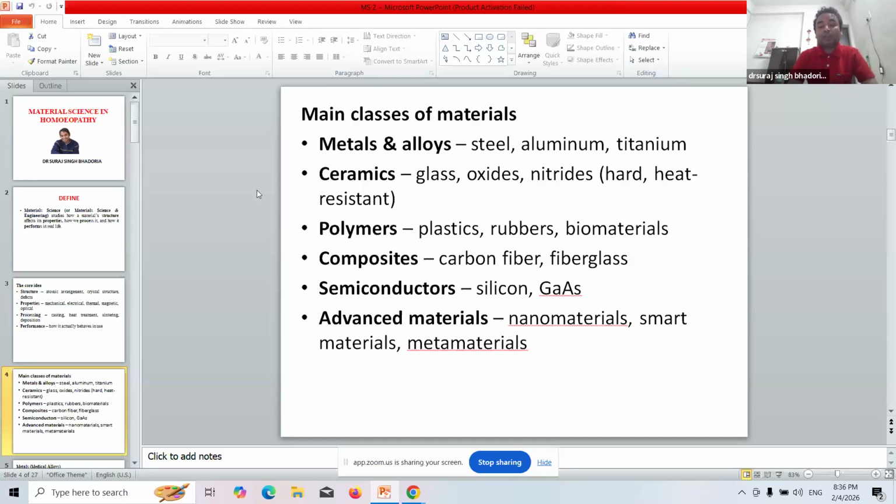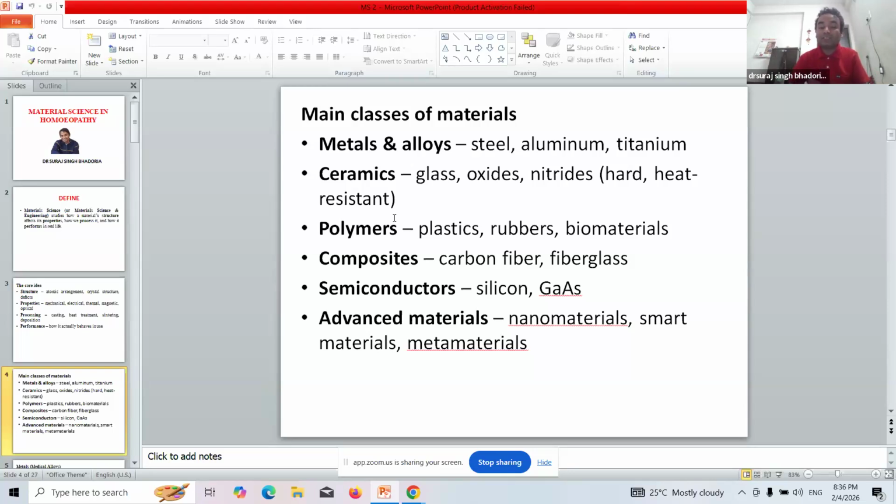When we talk about the ceramics, generally they derive from glasses, oxides, nitrides, and various hard instruments. Generally they give the strength, the rigidity to that particular part, to that particular morphological feature. So we want that rigidity. This is a very important part, that is ceramics. The next is the polymers.